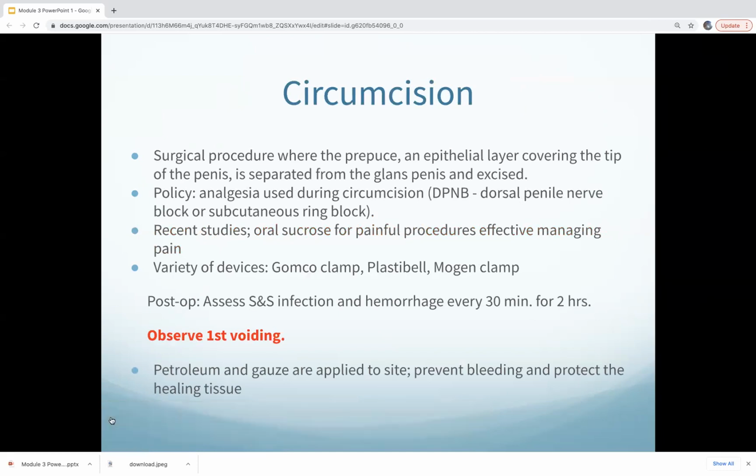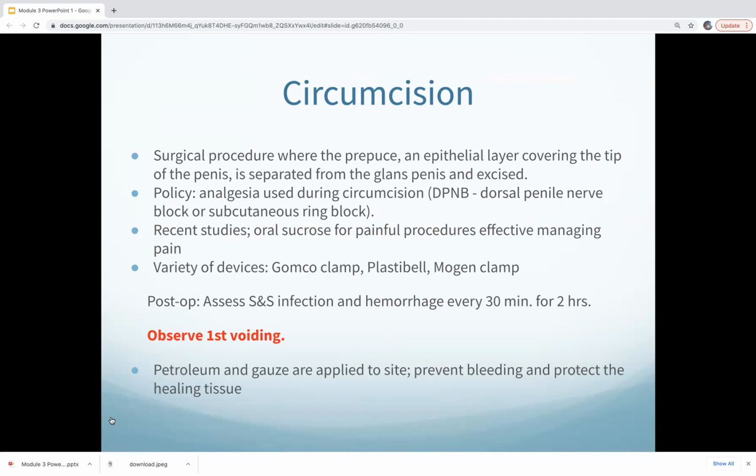Circumcision is basically the surgical procedure where they are removing the epithelial layer covering the tip of the penis. Analgesics are used during the circumcision. They actually will use oral glucose. I'm not sure if you read about that or seen that being used. They'll use that to help with pain, and a variety of devices are used.